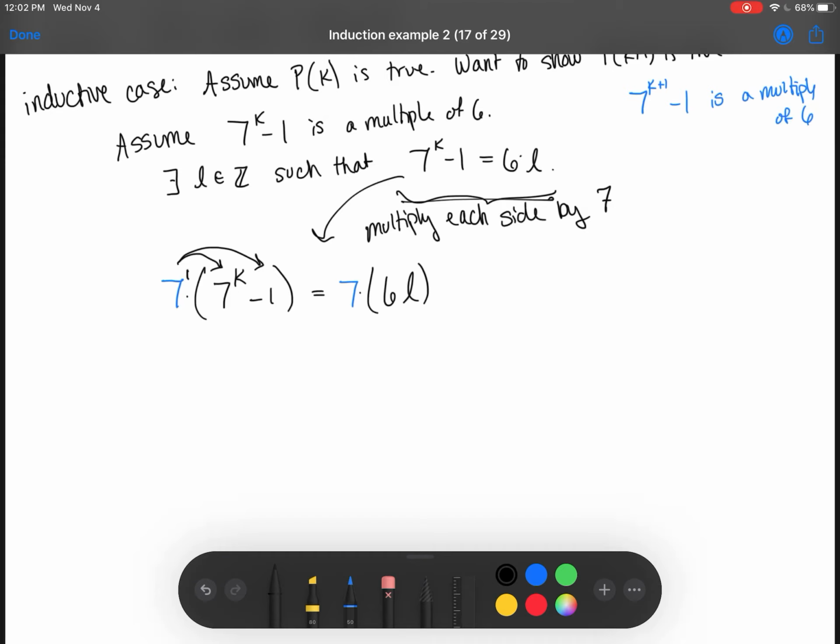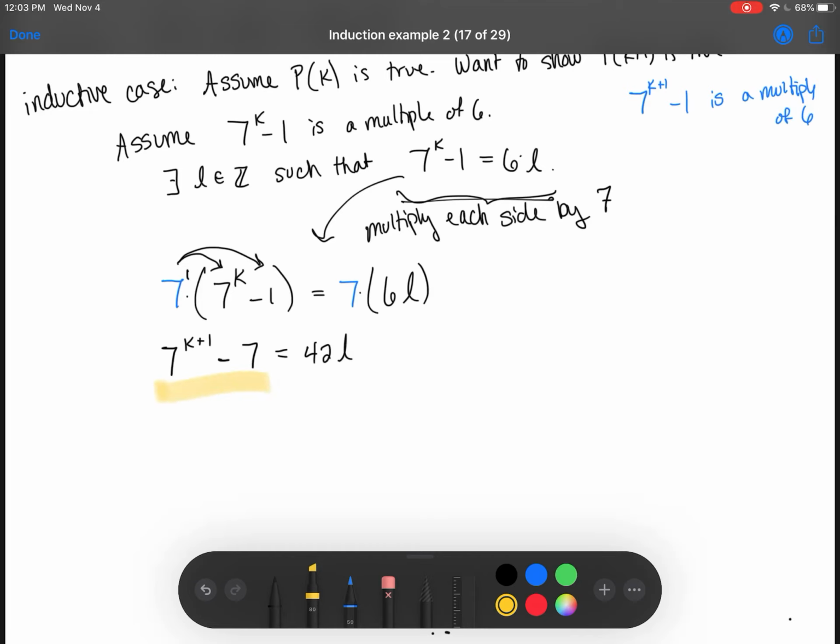Keep in mind that that's really 7 to the first power, and since we're multiplying and it's the same base, we add the exponents. So that gives us 7 to the power 1 plus k, or 7 to the power k plus 1, and then minus 7. Take a minute to make sure you remember those exponent rules and why that works the way it does. And on the right-hand side, 7 times 6 is, of course, 42L.